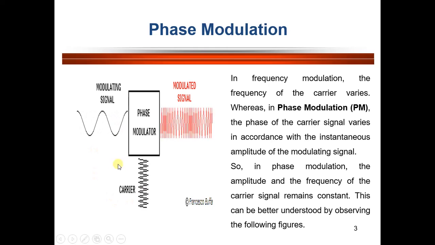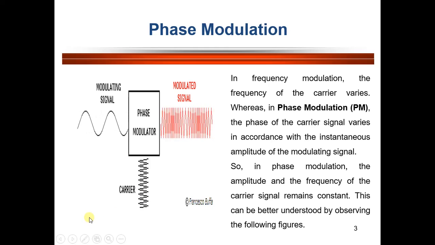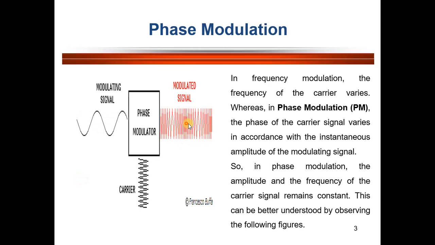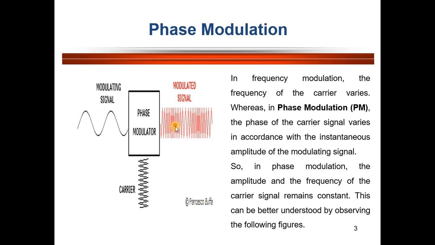So in phase modulation, the amplitude and the frequency of the carrier remain constant, and the phase is varied according to the instantaneous amplitude of the modulating signal.